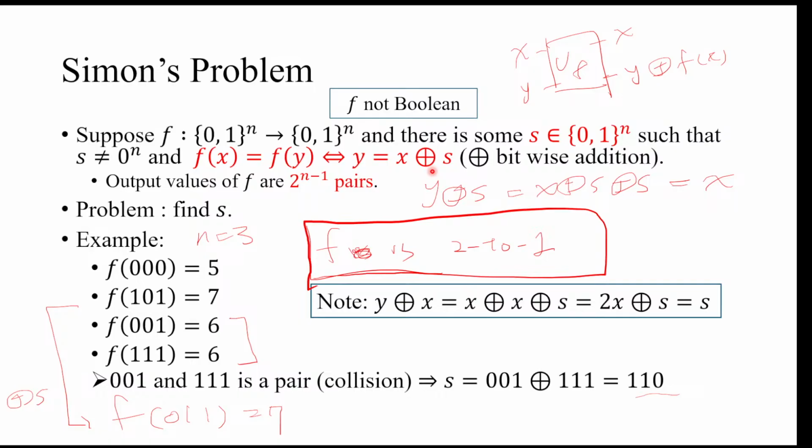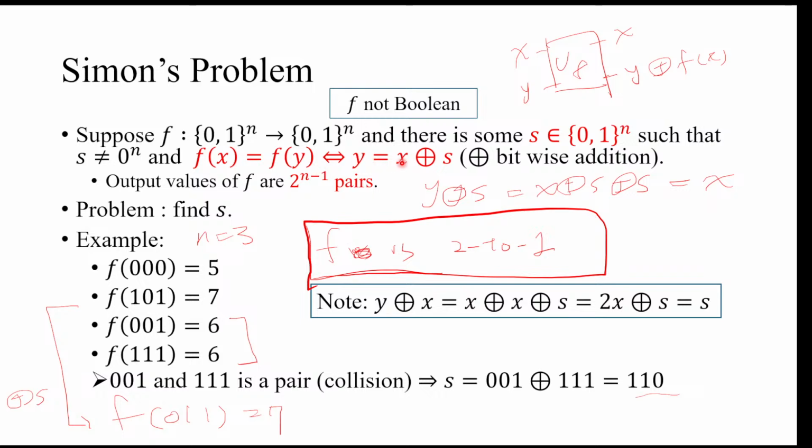Because we want x and y to be different, this secret string cannot be anything. In particular, it cannot be the all-zero string. So we have this special restriction: f(x) = f(y) if and only if y = x ⊕ s.